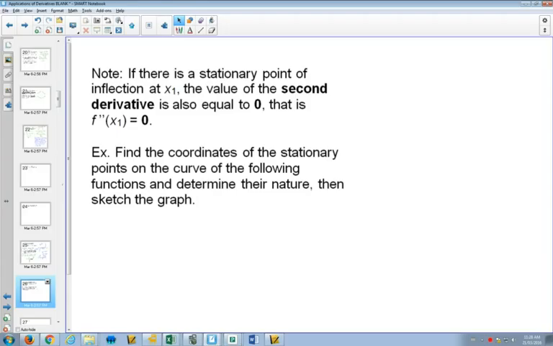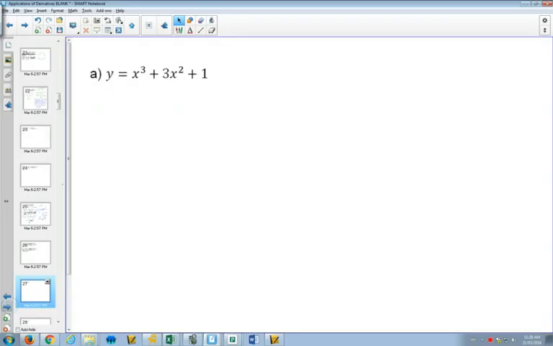All right, so now we're going to have a bunch of examples to look at, and we're going to sketch the graphs of each of them. Y equals x cubed plus 3x squared plus 1. So if we take our first derivative, we'll get 3x squared plus 6x.